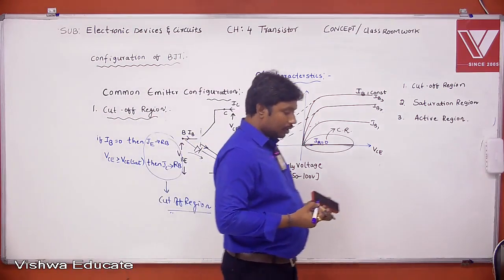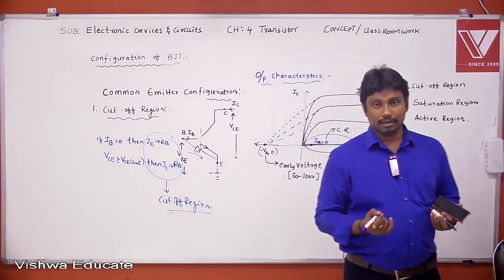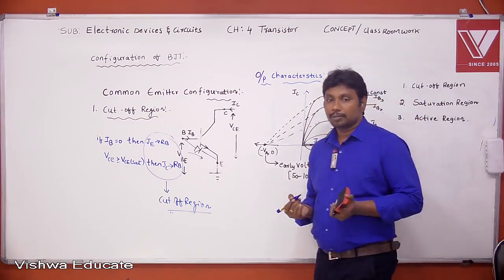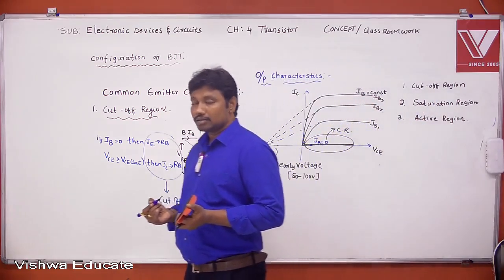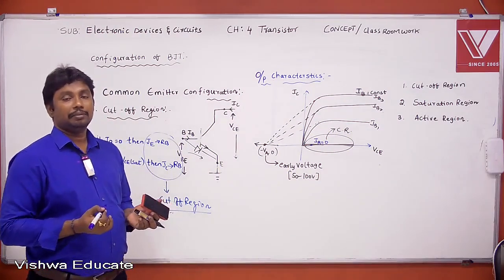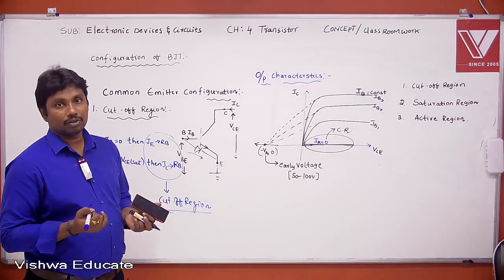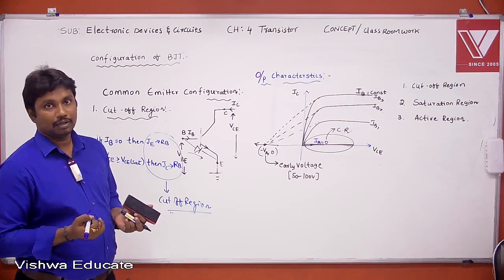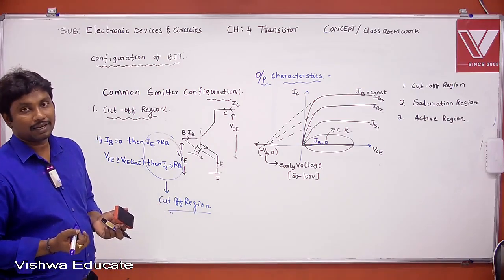Write down. Based on output characteristics, BJT is operated in three regions.